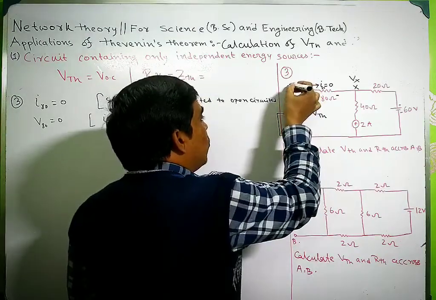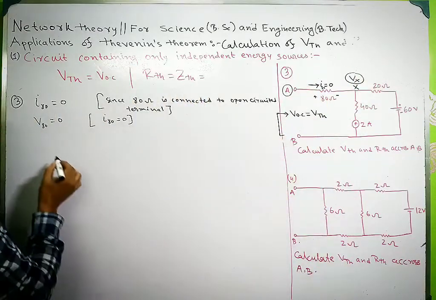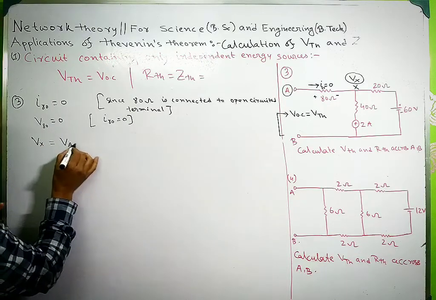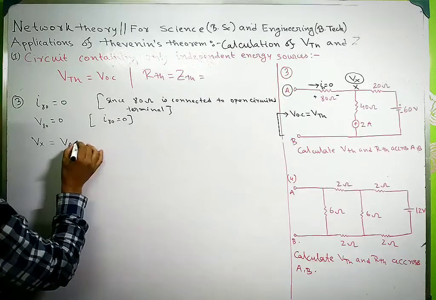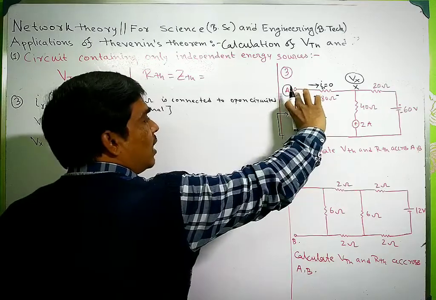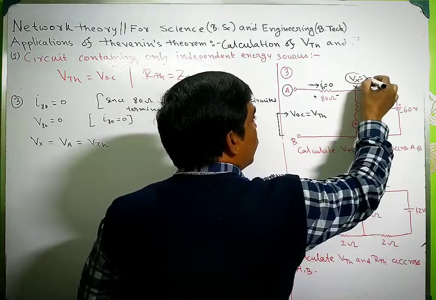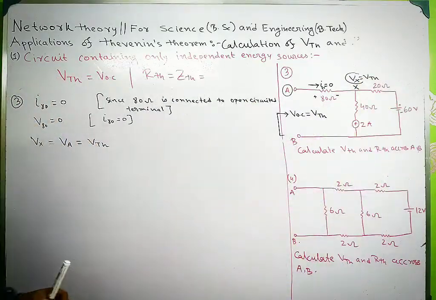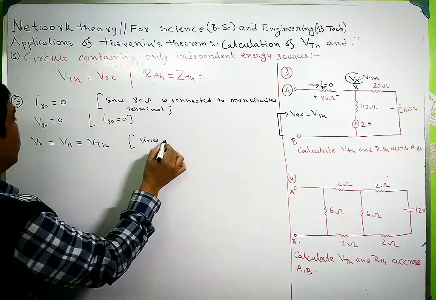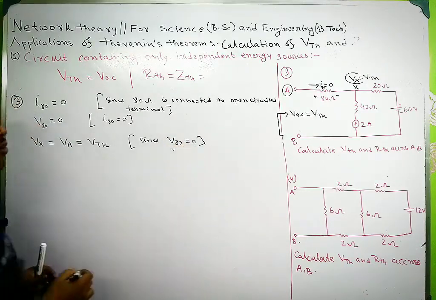So this node voltage VA must be equal to Vx. The node voltage at VA must be equal to VTH, so this node voltage is VTH. That's why Vx must be equal to VTH, since the voltage drop across this 80 ohm resistance is 0.